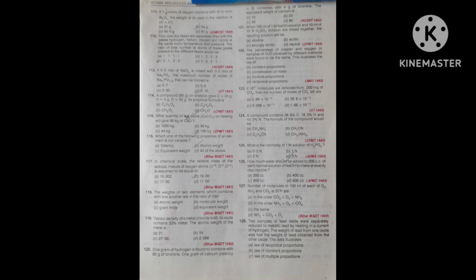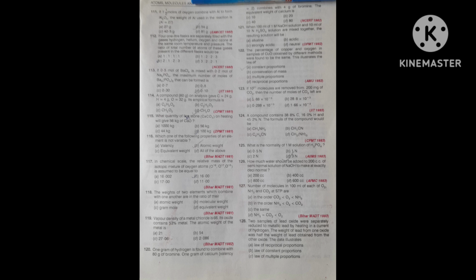After dividing, you will get 1.66 into 10 to the power minus 3 mole. See, 10 to the power 21 is upside, down is 23, then 10 to the power 21 cancels, and 10 to the power 2 will remain in the denominator, so 1 divided by 6.02 into 10 to the power 2.